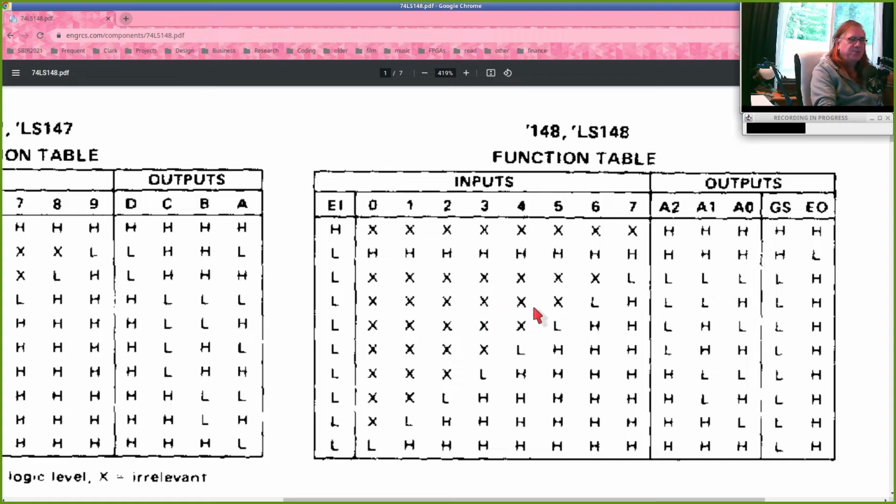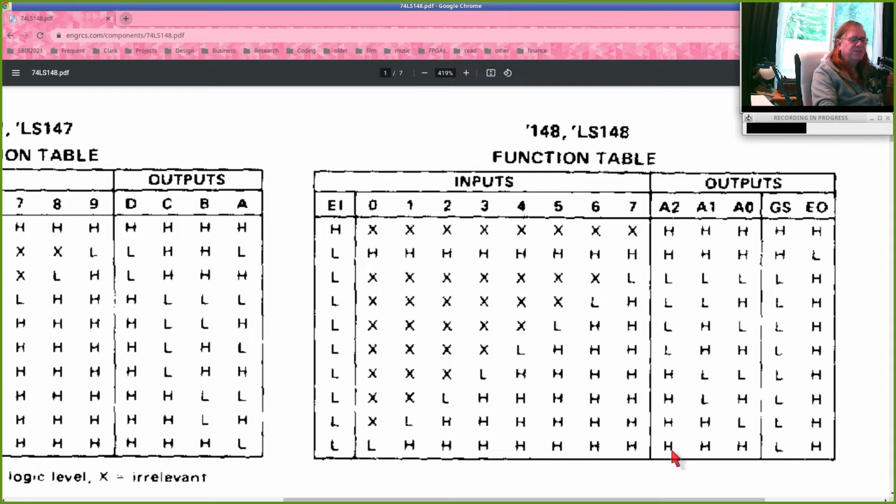And this is really goofy, right? Because this is outputting 0, 1, 2, 3, 4, 5, 6, 7. But if we reinterpret a low as being a 1 and a high as being a 0, then the output right here is a 7, which corresponds to line 7 being low. And the output here would be 1, 1, 0, which is a 6, which corresponds to line 6 being low.